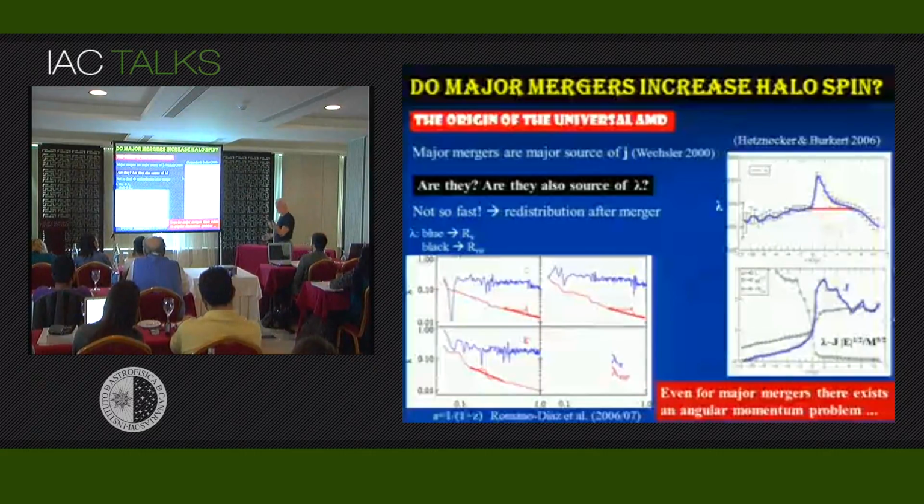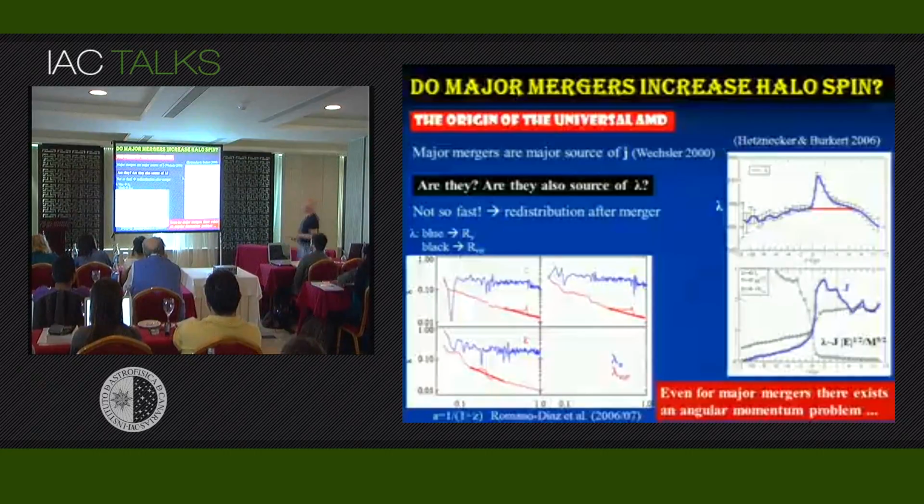And you see that indeed during the merger, angular momentum is increasing dramatically, but then apparently because of the internal redistribution of this angular momentum, it goes away. So this is in complete contradiction with the idea that major mergers supply angular momentum in every single event.